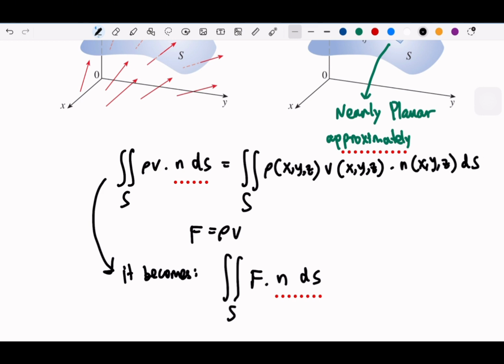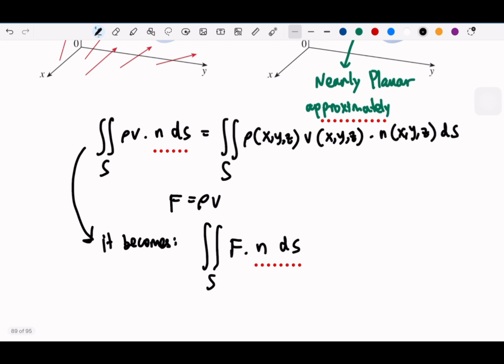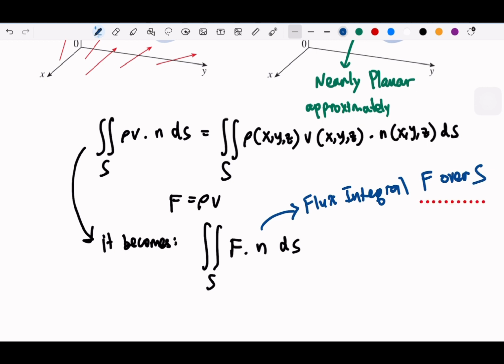This form, you can see in a lot of phenomena in physics. So we call this the flux integral, the flux integral of F over some surface S.